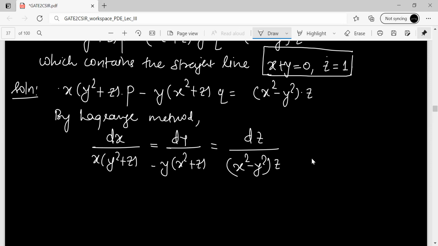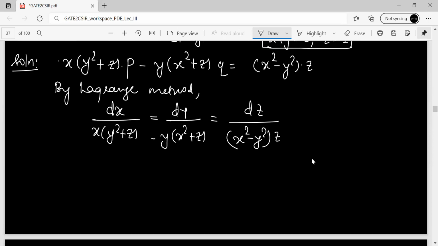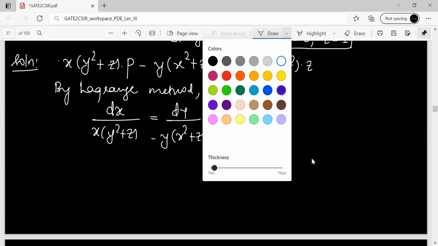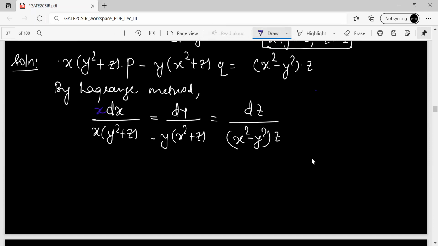You have to play with the multipliers and try to cancel things. The first thing that I generally do is I just multiply and check if this works or not. If this doesn't work, I'll try to find new multipliers.